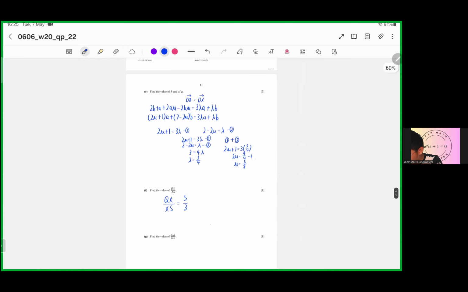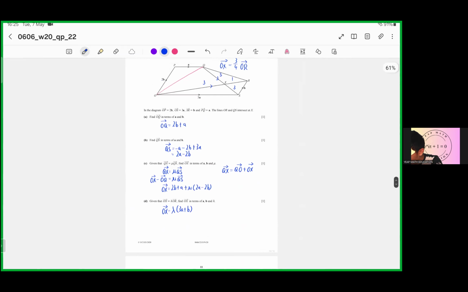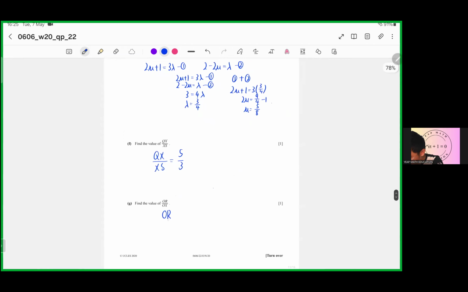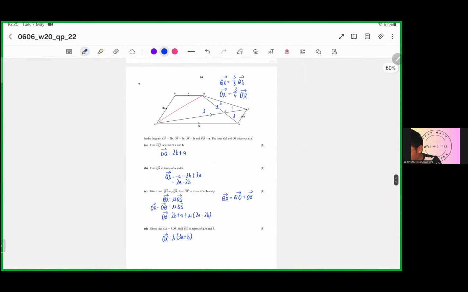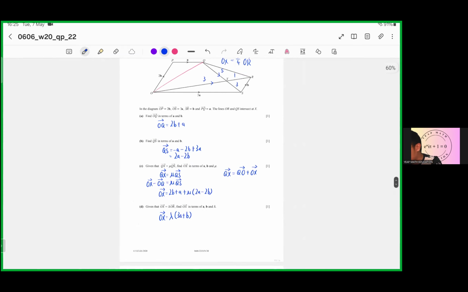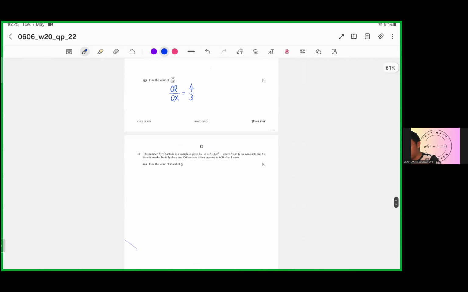Okay, so OX over OR is 3/4, and for OX over XR it is 3 over 1, so 3. Because OR has 4 parts and OX we just take 3 parts only. Okay, this finishes this question.